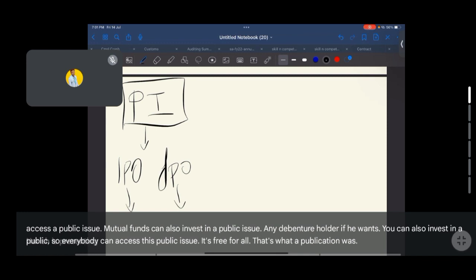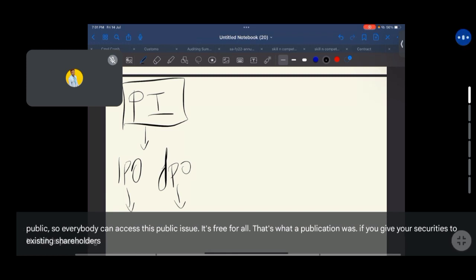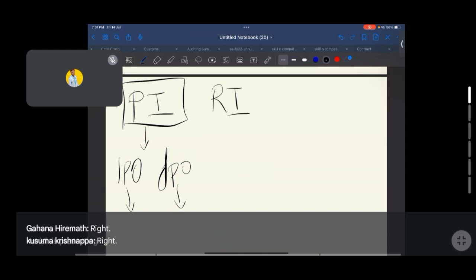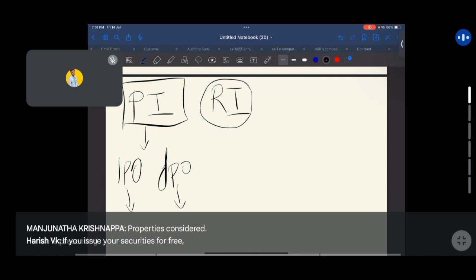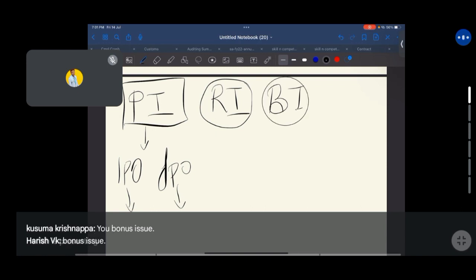If you give your securities to existing shareholders for money, what type of issue is that called? Rights issue. If you issue your securities for free to your existing shareholders, then it is called a bonus issue.